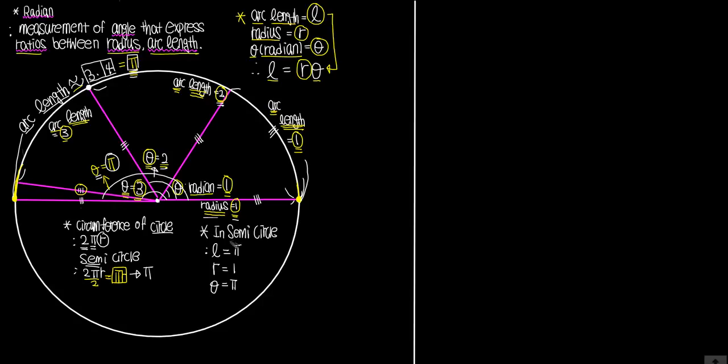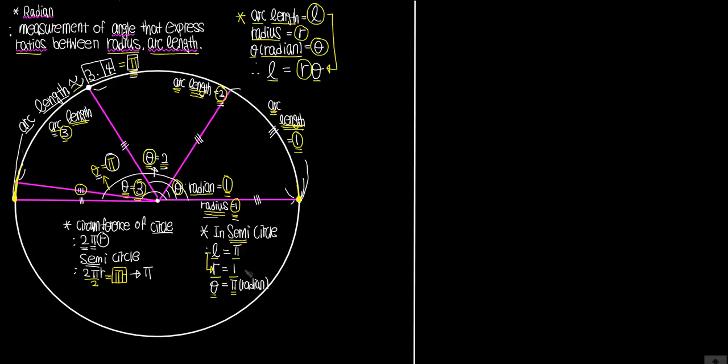So again, in the semicircle, when L, the arc length, is pi, and r, the radius, is 1, then the ratio between L and r in our semicircle, which we notate in terms of theta, the central angle in our semicircle, is pi. But we can think about pi in terms of radians.